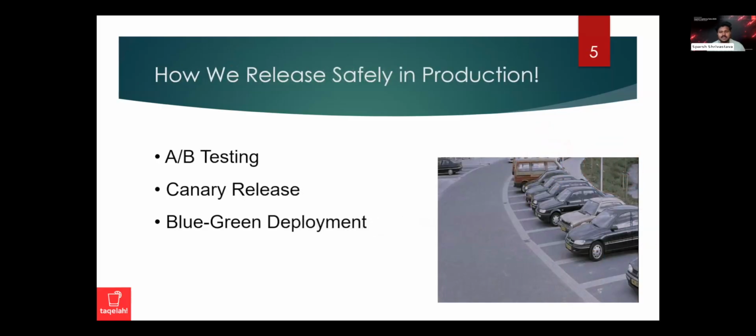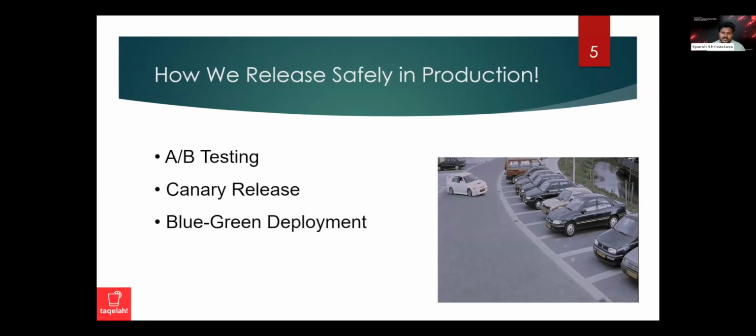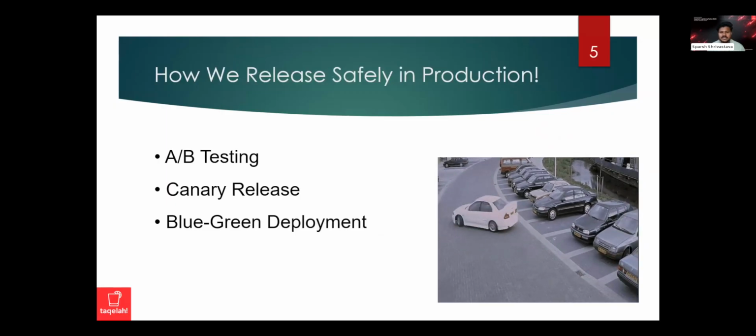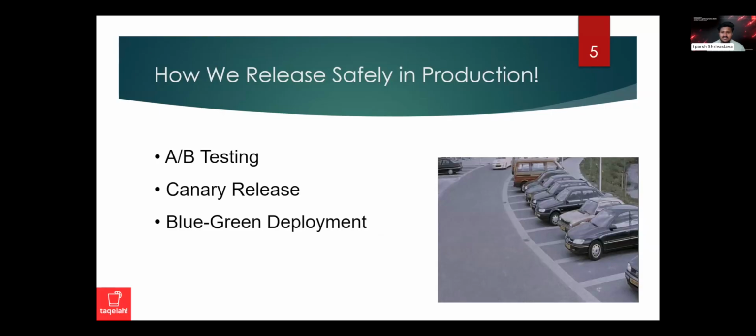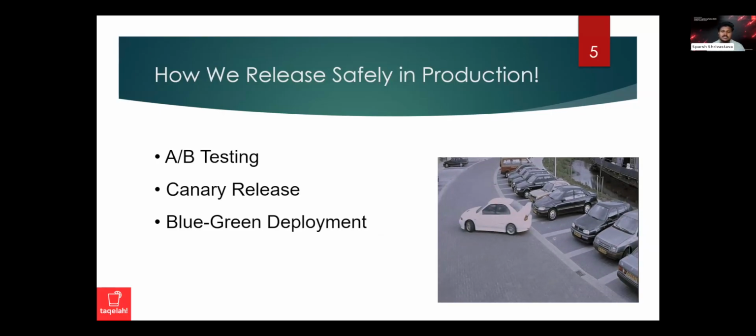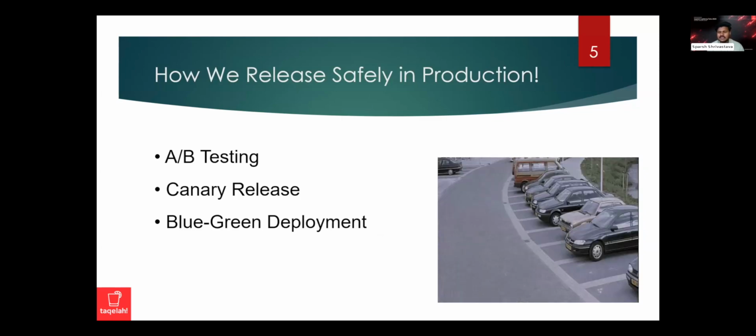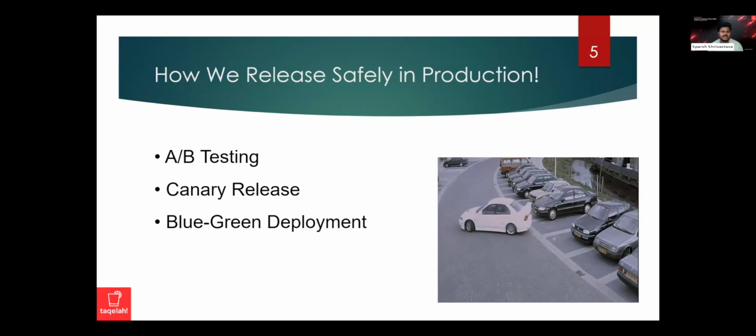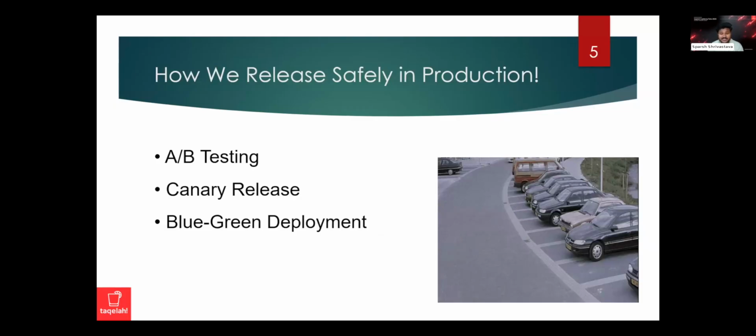Right. Now, there are a few more strategies for releasing something safely in production. Here are a few examples. First is known as A/B testing, second is canary, and third is blue-green deployment. These are examples of testing, release, or deployment strategies.